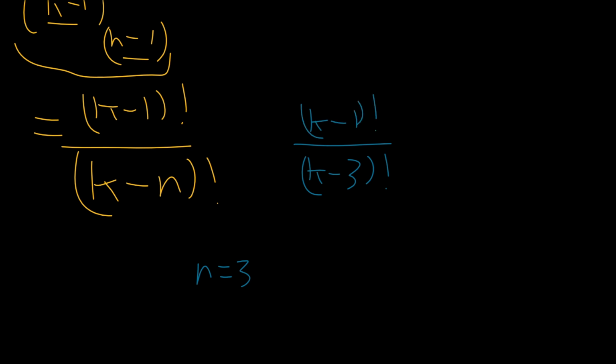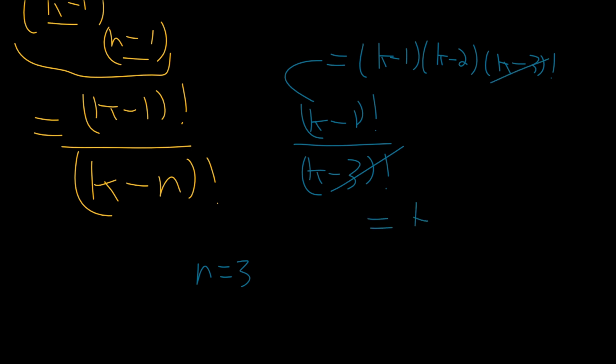But you'll notice that these are both factorials of integers. So if we rely on the fact that k minus 1 factorial can be expressed as k minus 1 times k minus 2 times k minus 3 factorial, then these terms right here just cancel, and we're left with k minus 1 and then k minus 2.